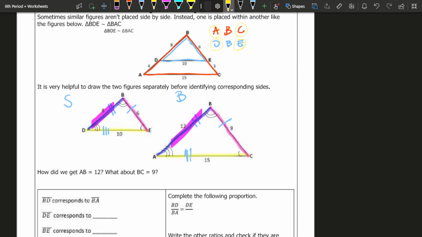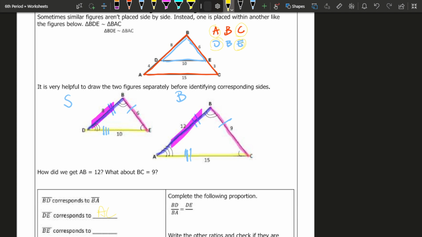If you label it, you'll be able to do it over here. DE, AC. Let's put that over here. AC. And let's check. DE has how many tick marks? 3. So AC has how many tick marks? 3. It also corresponds to that, right?